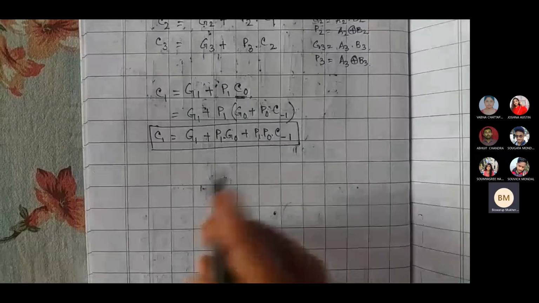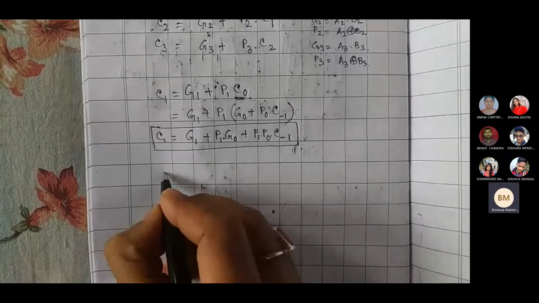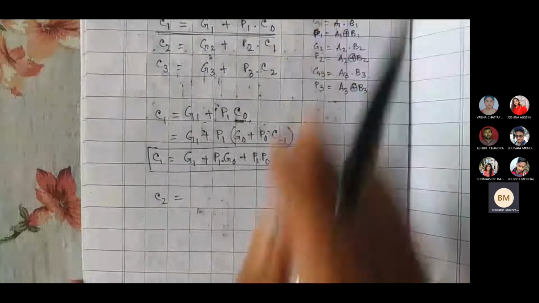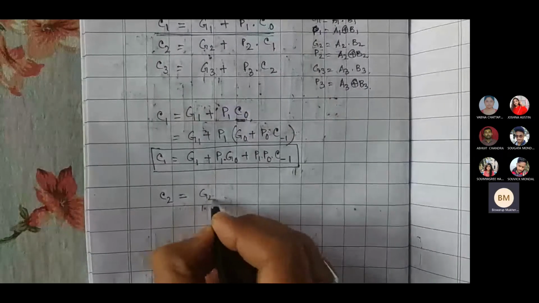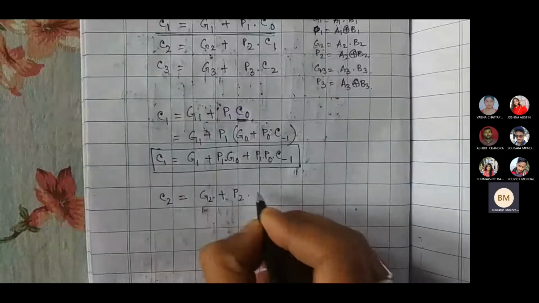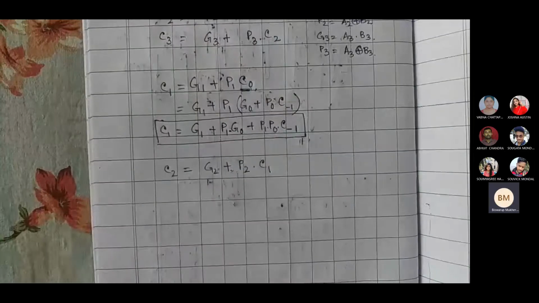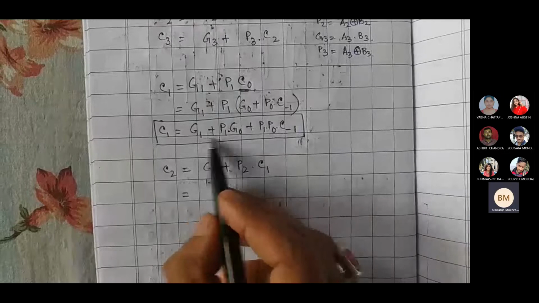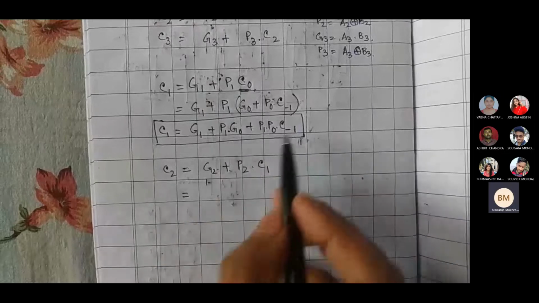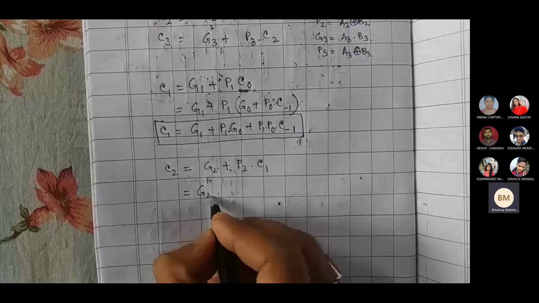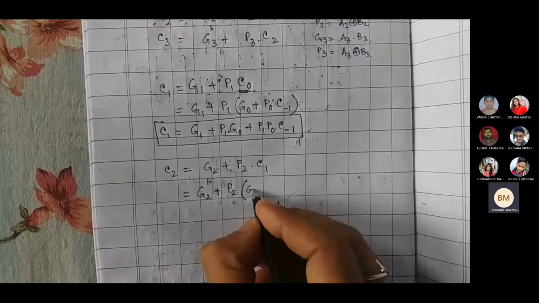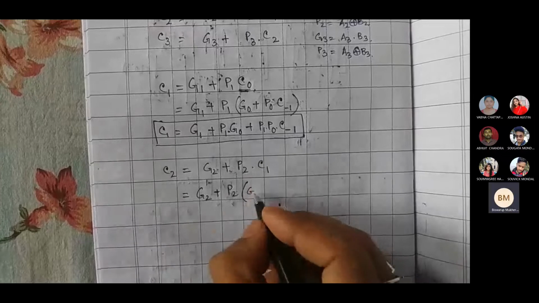Similarly C2, now come to C2. C2 is nothing but, here it is written G2 plus P2 dot C1, so that is G2 plus P2 dot C1. So I can write it down. C1 can be written like this, so that is G2 plus P2 into this one, right?